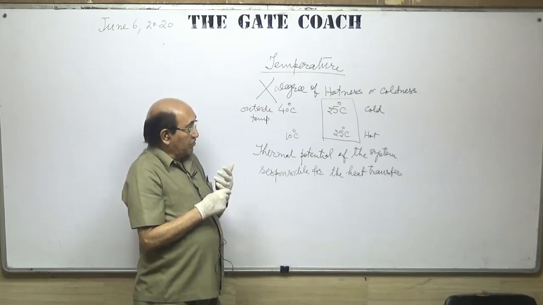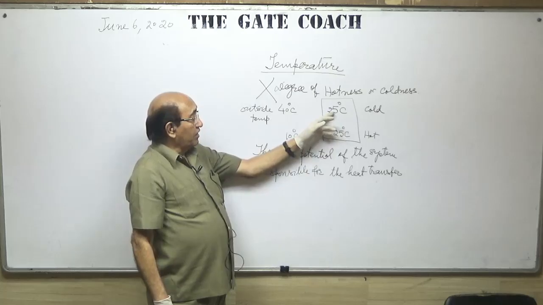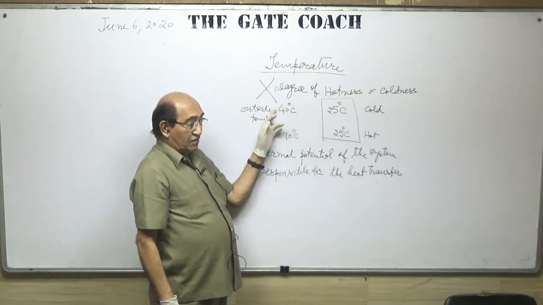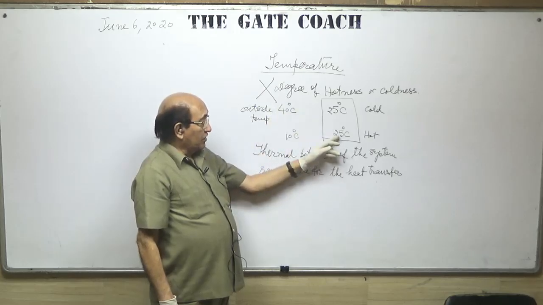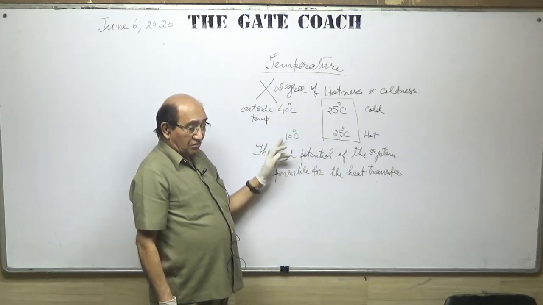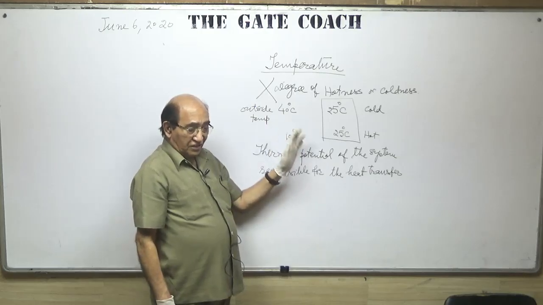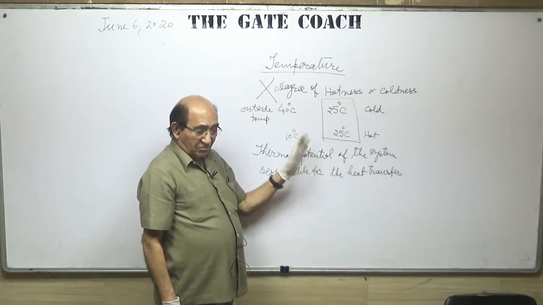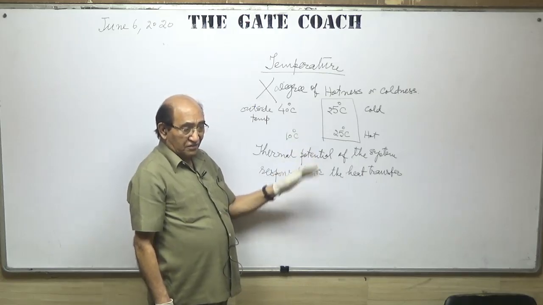It is that potential to which heat will be added from 40. It is that from which heat will be rejected to 10. 25 remains as it is. The thermal potential of the system remains as it is.